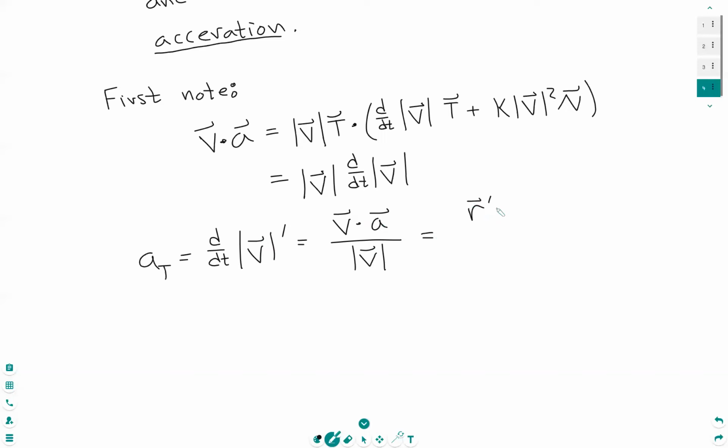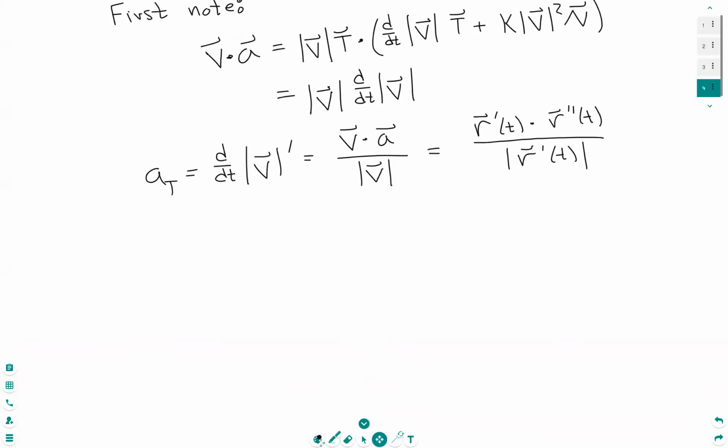Or we can write this as r prime of t dotted with r double prime of t, all over the magnitude of r prime of t. So this is another way to find the tangential acceleration. You can find r prime, take its magnitude, and take its derivative from there, or you could find r prime, find r double prime, dot those together, and then divide by the magnitude of r prime. So these are two perfectly fine definitions for finding the tangential component of acceleration.